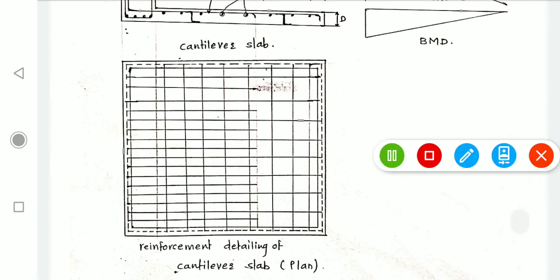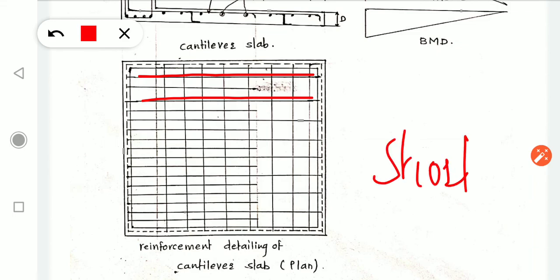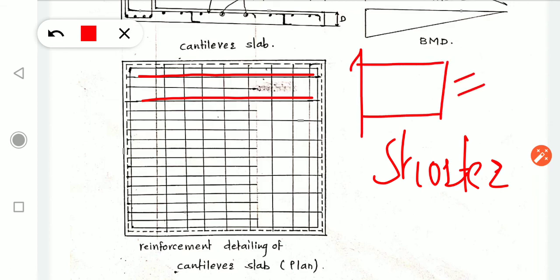Now let's see the detailing of your plan. Plan says that there is a cantilever slab, and the cantilever slab has main reinforcement in the shorter direction, always in the shorter direction. Or you can say the one direction which has free end and fixed end, in the cantilever direction.